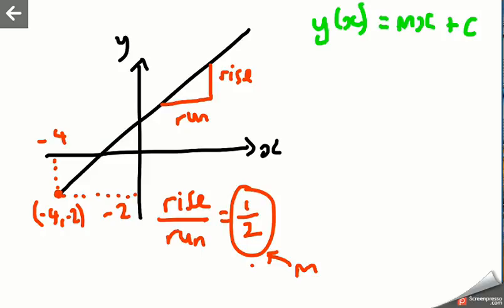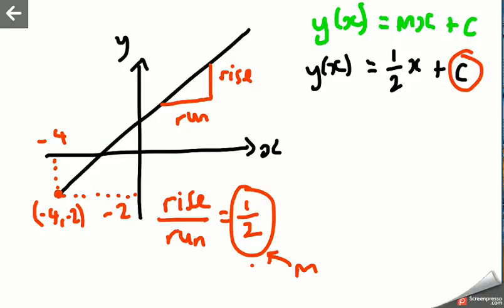So I know that y of x is equal to 1/2 times x plus c. Okay, now how do I find the c value? Well, I use the point.